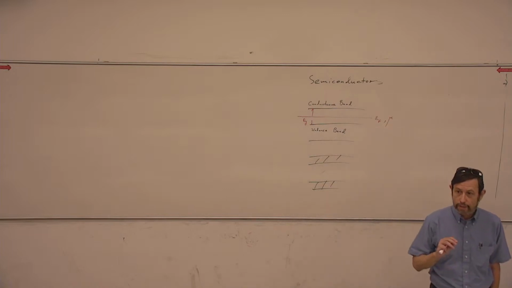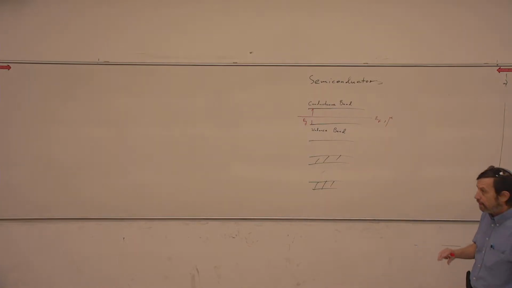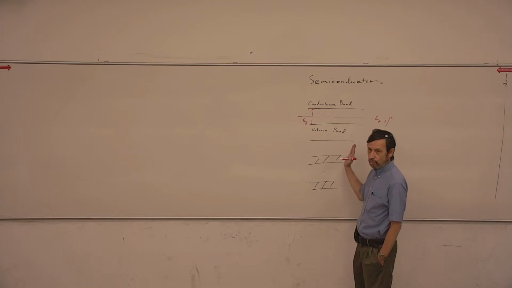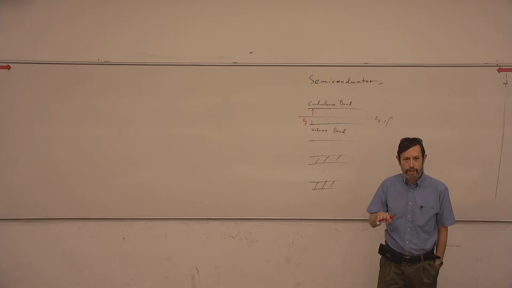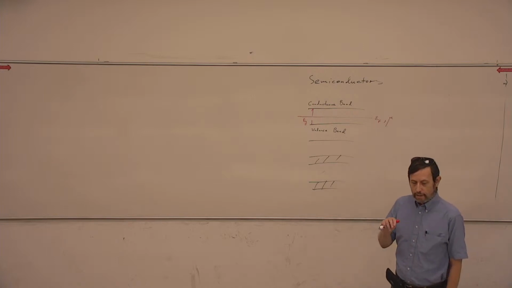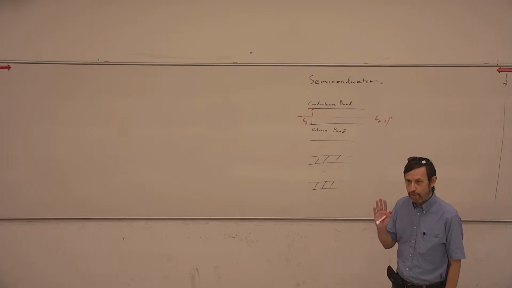We'll try to understand why, and from a technological point of view, this is the basis of all the semiconductor industry that you have nowadays. It's a bit comical, but the first part of the semiconductor industry is very much devoted to creating extremely clean semiconductors.